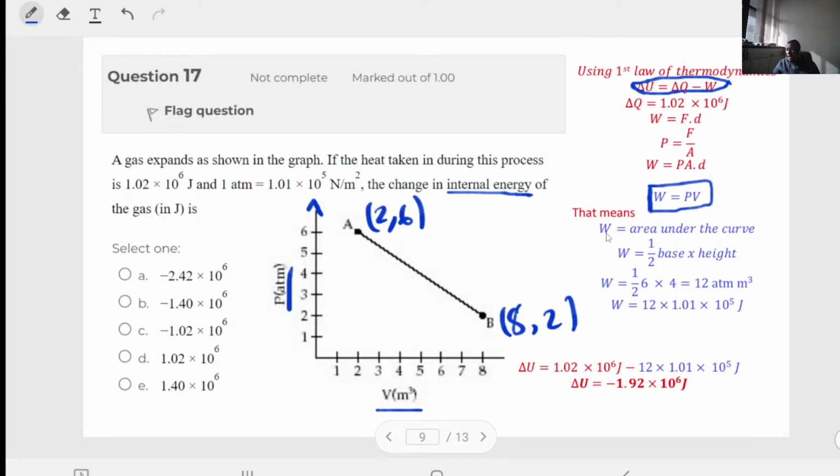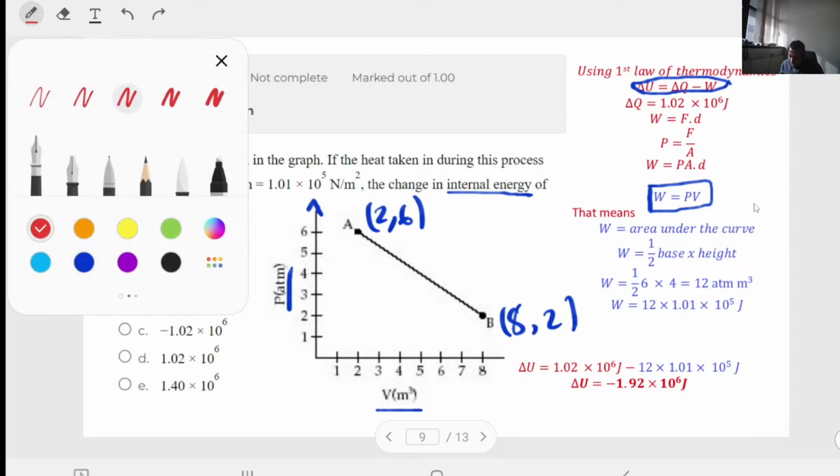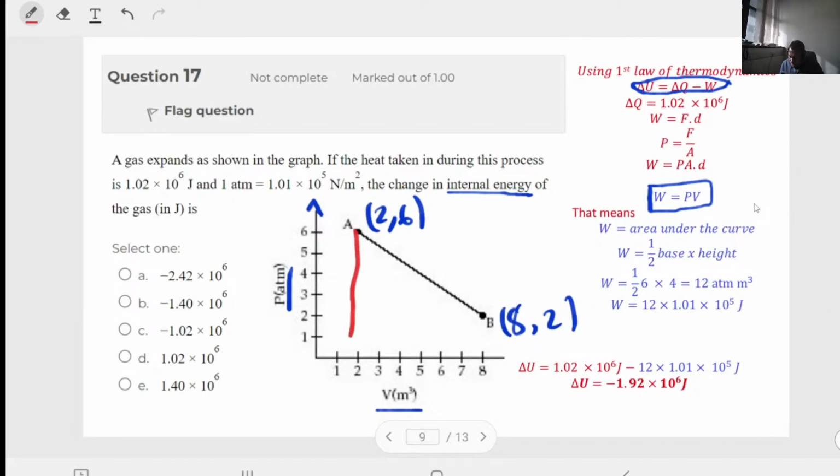That means the work done in this diagram, where pressure is a function of volume, is the area under the curve. If you see, that area is kind of the area of a triangle. It's the area of a triangle, which is half times base times height.